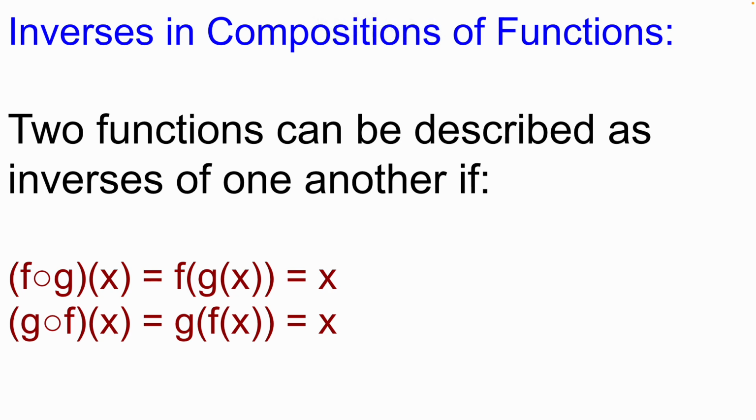So if you plug the functions into each other, and it has to work both ways, and you get x as an output, those functions are going to be inverses.